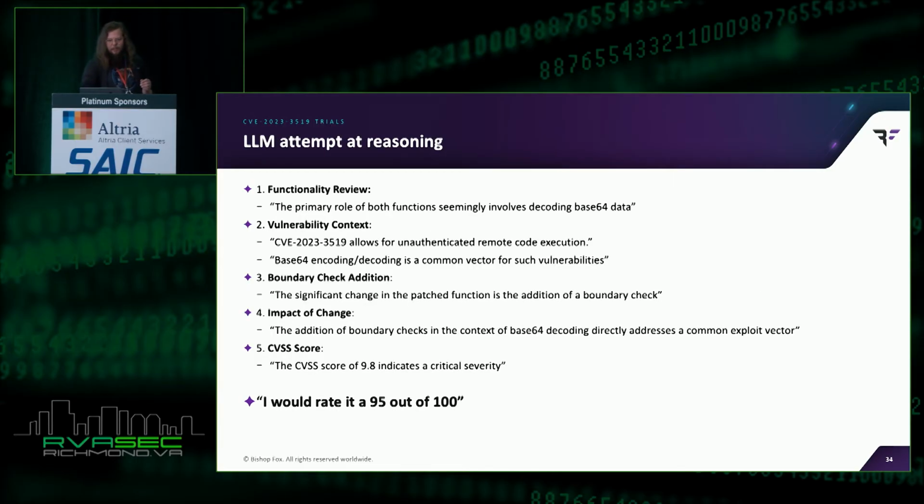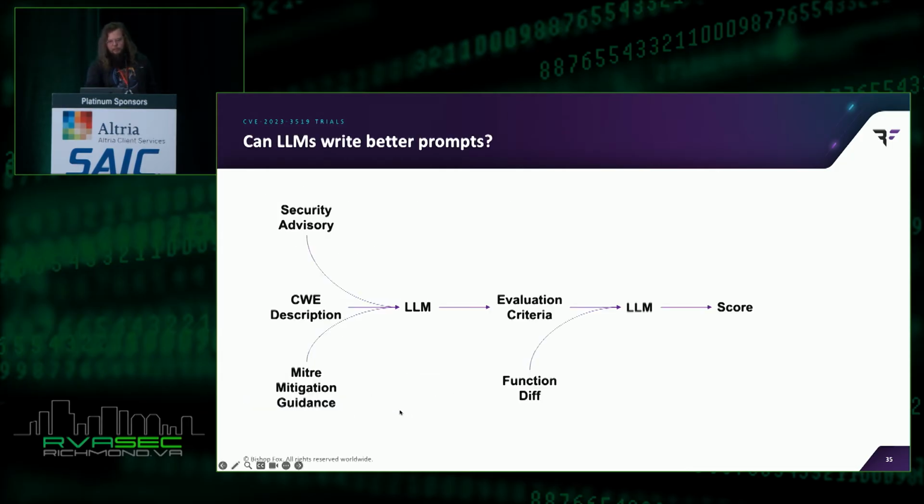That's great. So the LLM thinks that everything about this is terrifying. Base64 decoding data is actually a legit attack vector, so I can see why it thinks that matters, but it doesn't. Just rating it 95 out of 100 on some variable name changes is rough.